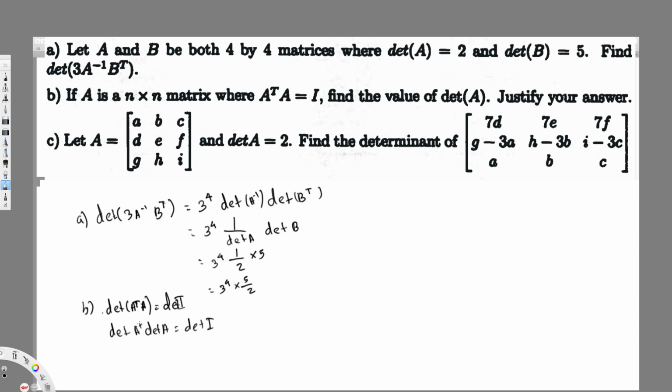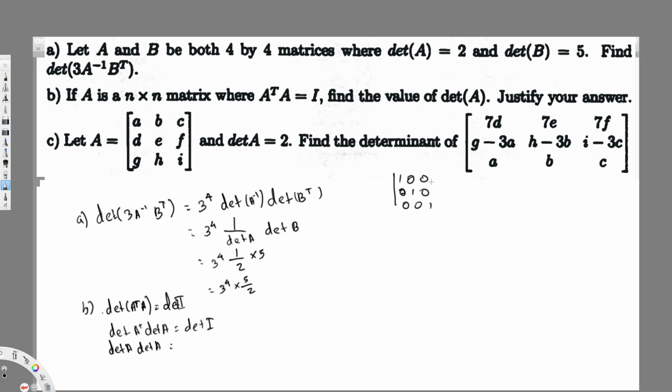As I said before, if you have a transpose, the determinant is equal to determinant A. So in the determinant rule, a transpose can be written as the same thing, determinant A. So it becomes determinant A multiplied by determinant A, and determinant I, the identity, is 1 0 0, 0 1 0, 0 0 1.